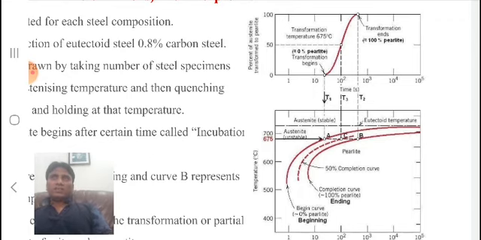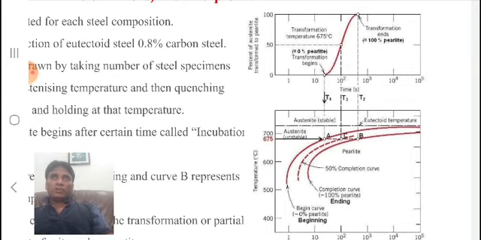But whereas the CCC curves explain the continuous cooling, it is a continuous cooling curve, that is what structure will result when we continuously cool the steel to room temperature.